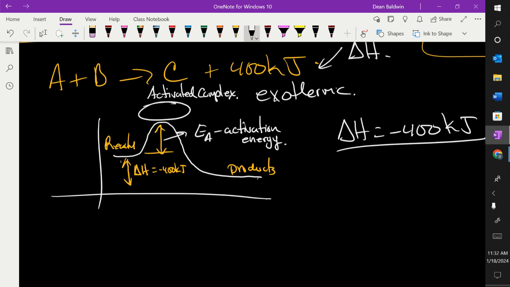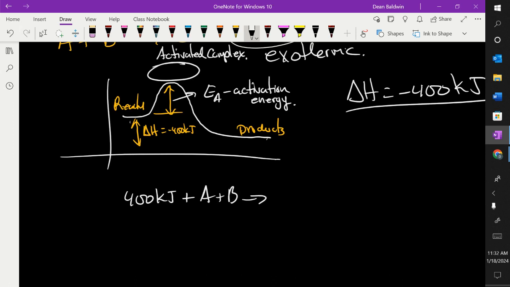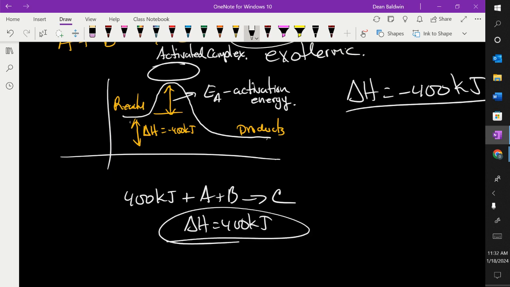That's when the bonds are all breaking and forming kind of at the same time, and then it flies apart and goes to the products. Okay, and then if it was endothermic, this number would be over here, right? So an endothermic reaction would be like 400 kilojoules plus A plus B goes to C. And the delta H, if I just wrote it out, is positive.